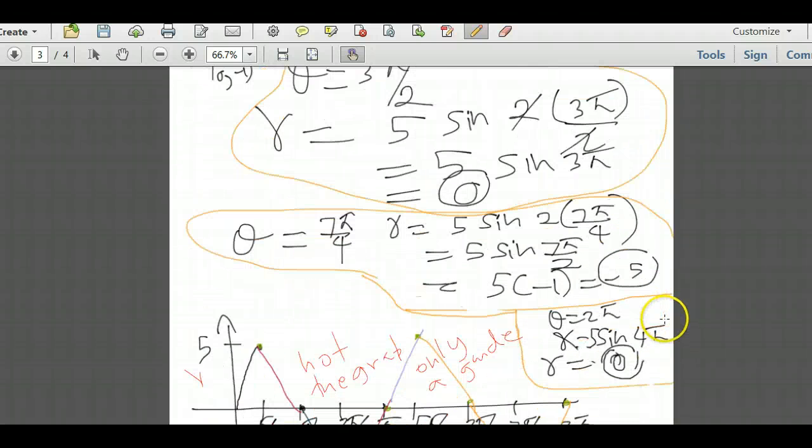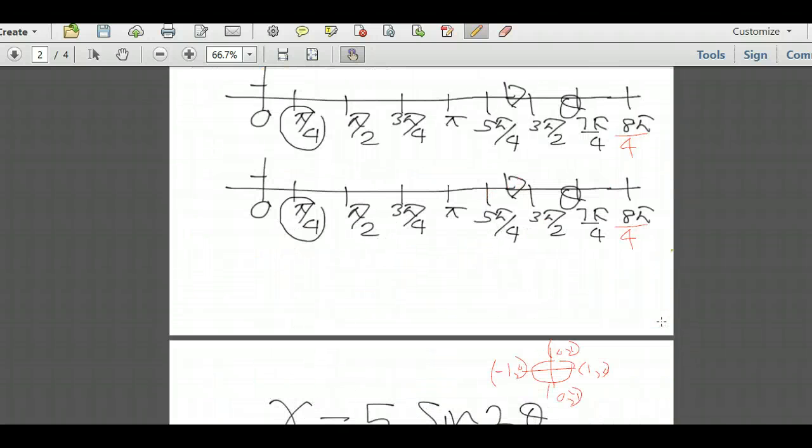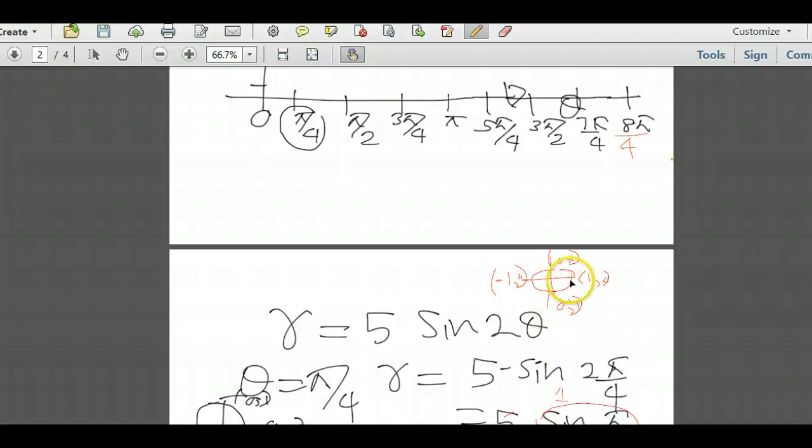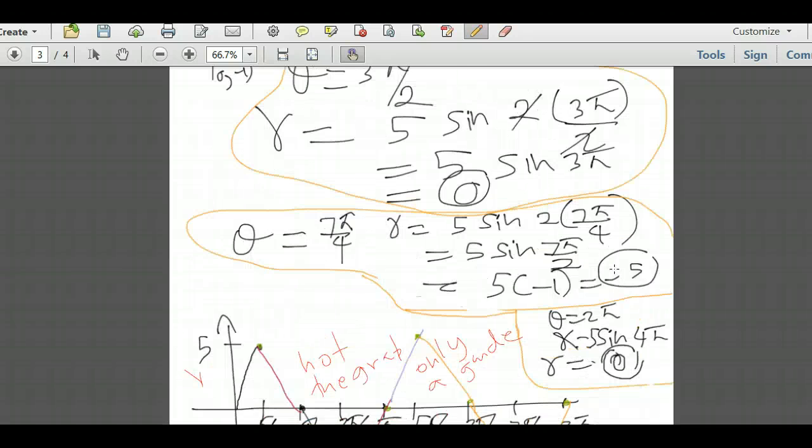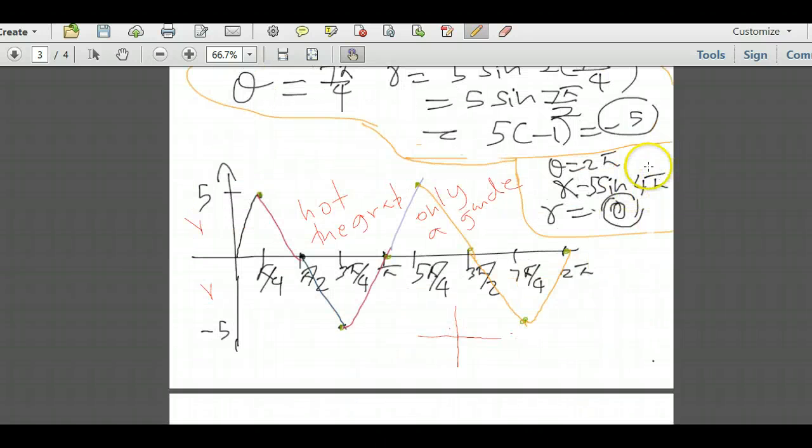And what is sine 4 pi? Sine 2 pi is 1 circle, sine 4 pi is 2 circles, and we are back at the origin, and the y coordinate is 0. So sine 4 pi is 0. So this whole thing is 0, and we get r equals 0.